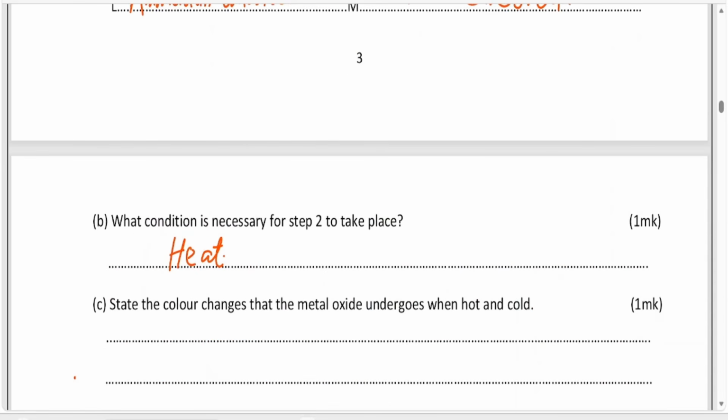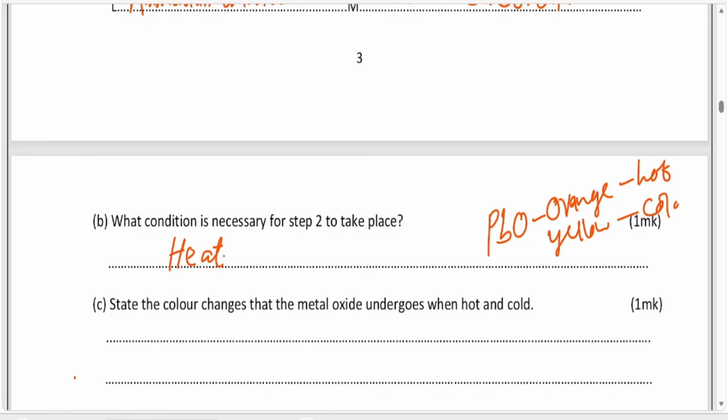Learners, we have some metals that, when they are decomposed, their oxides have different colors when they are hot and when they are cold. A good example is lead oxide. Lead oxide, when hot, is always orange in color. When cold, lead oxide is always yellow in color.